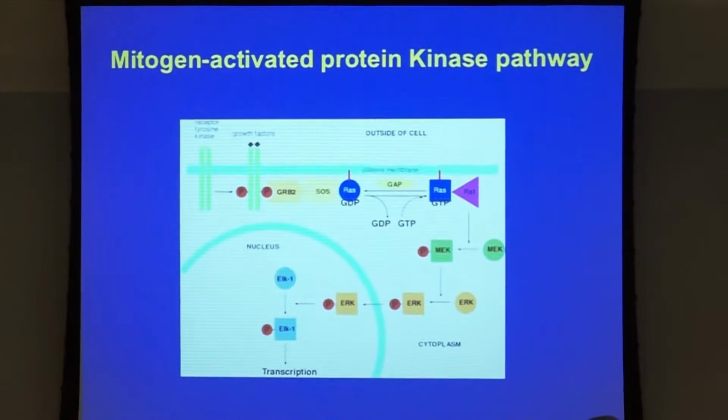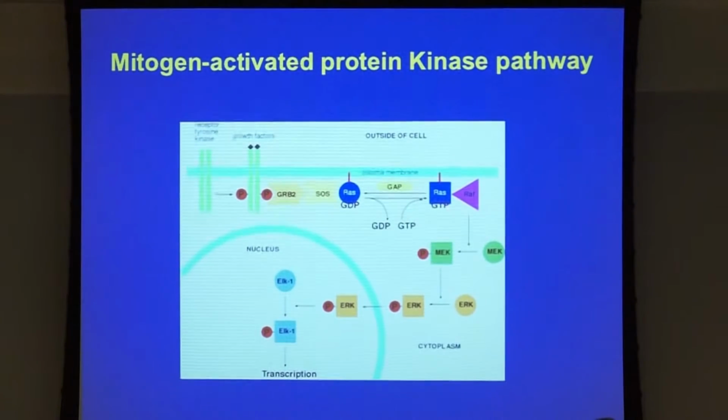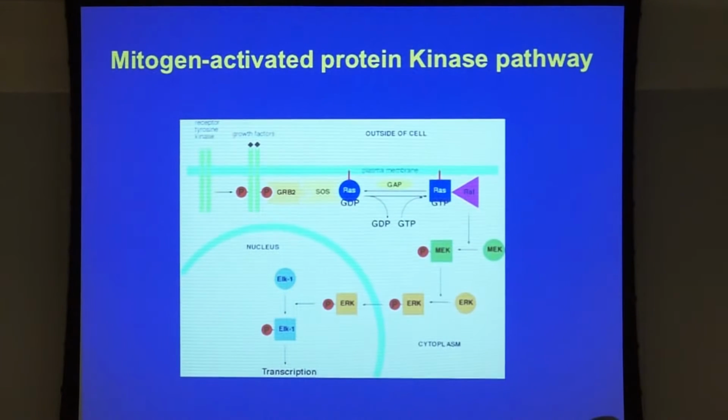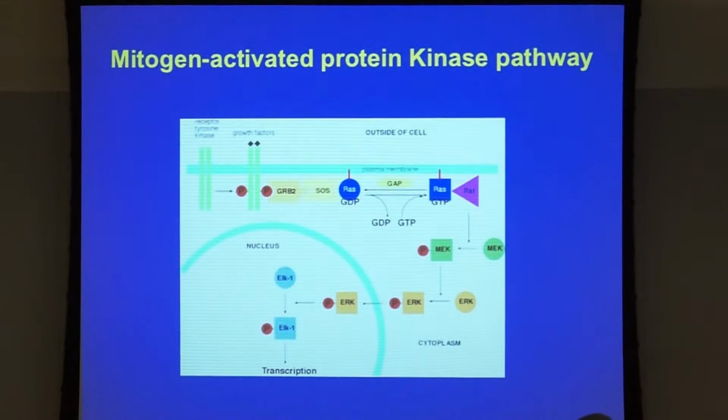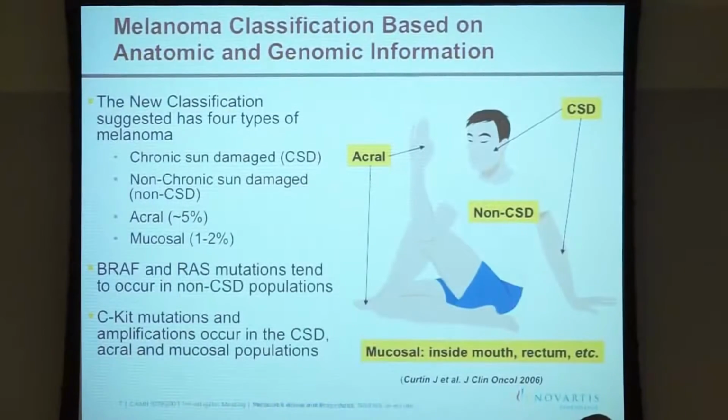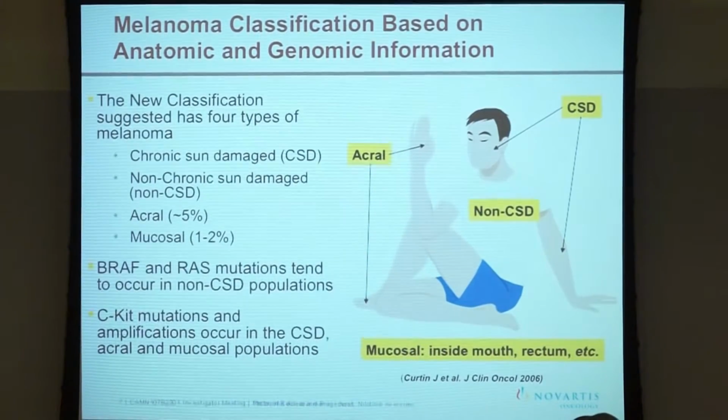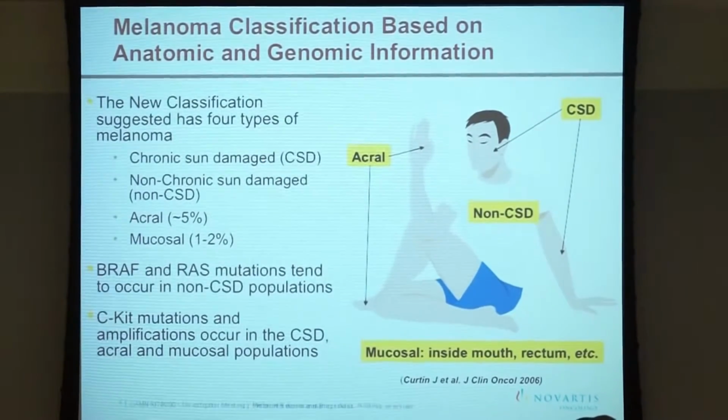So if you have a mutation either in RAS or in RAF, that means this pathway is always turned on. Mutations in MEK are pretty rare, but do occasionally occur. We have found that different types of melanoma have a different incidence of these 3 mutations.